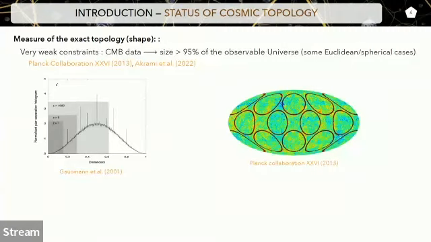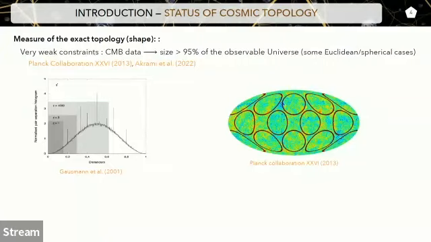As of now, we didn't detect anything, and we only managed to obtain a constraint on the minimum size of this periodicity, which is basically just a bit less than the size of the CMB. So it's still possible that our universe is not infinite, but if it's not infinite, then its size is at least around the size of the CMB or bigger.